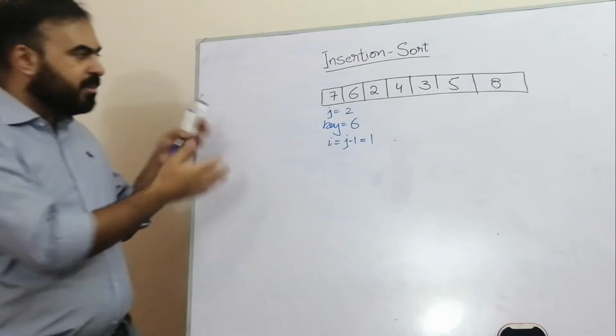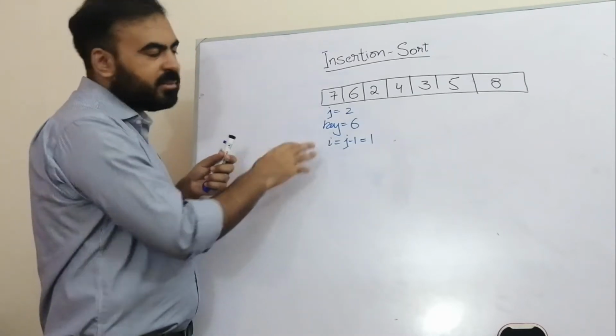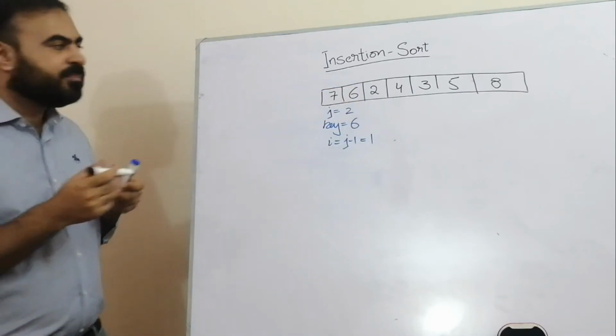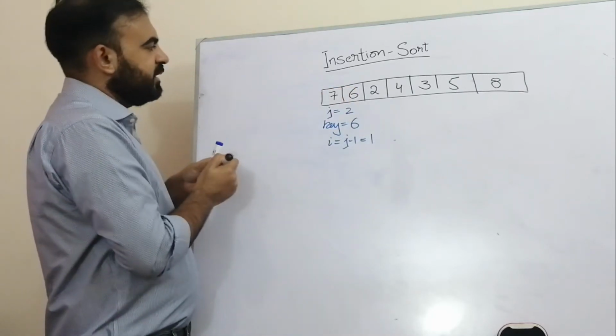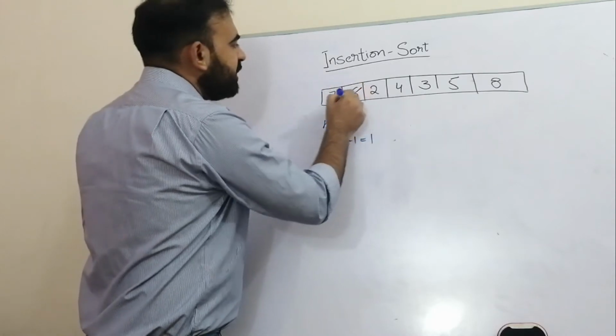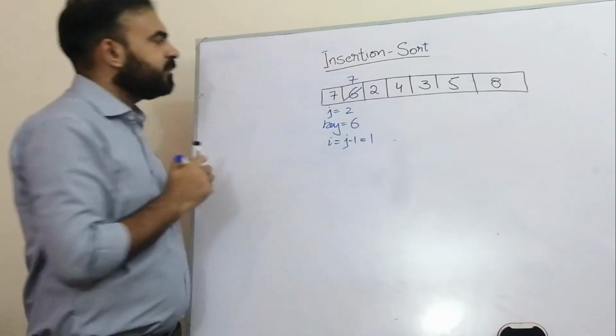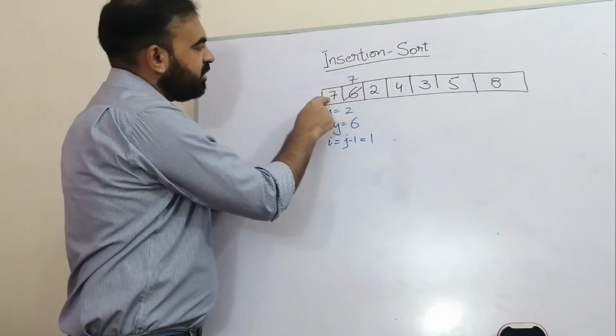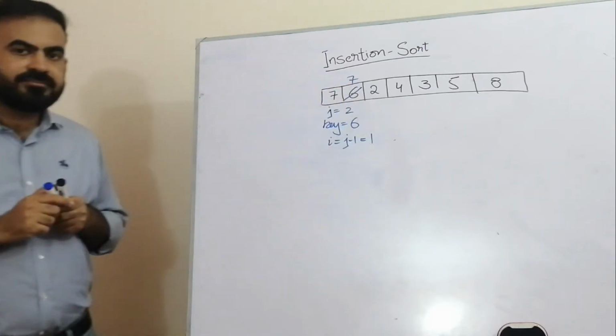We don't know how many elements back, but at least one, because we have found one element which is greater than the key element. So what it does is copy the previous element one position further. Now at this moment, both places hold 7.